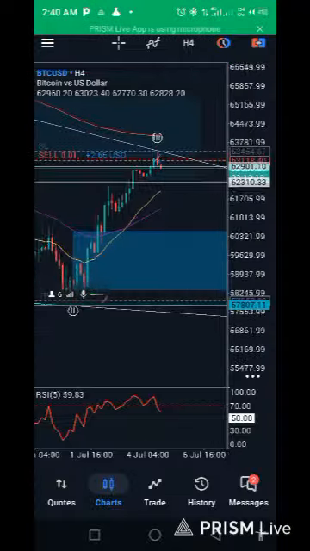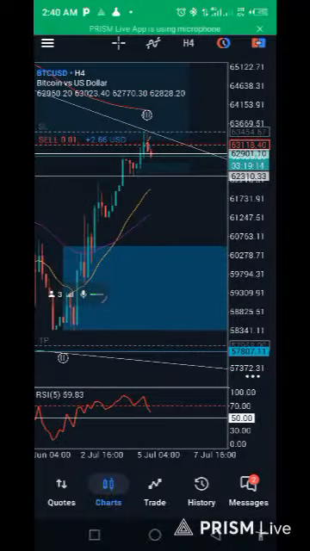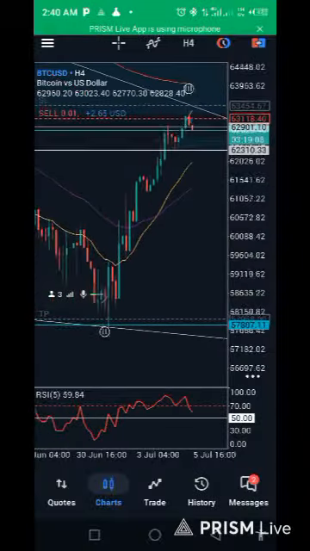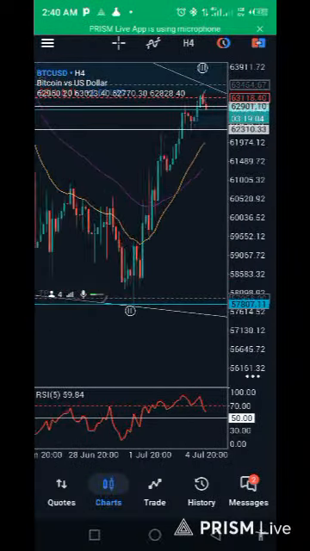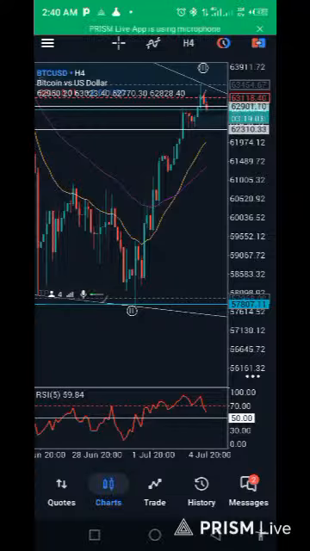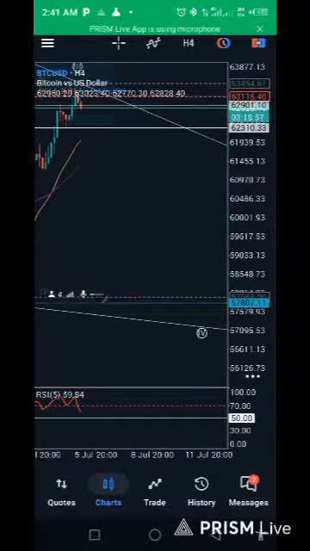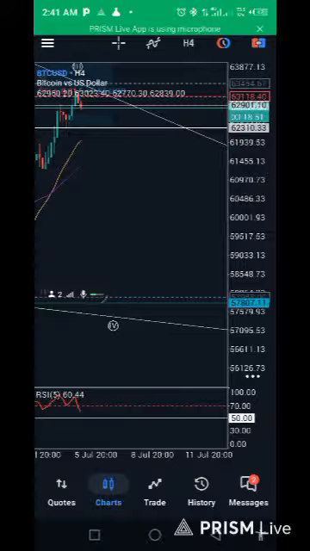You can see my TP, where I'm taking my TP just below this, at the bottom here, and that will be wave 4. You can see where I put my wave 4, somewhere around here. That's where it's going to come to.